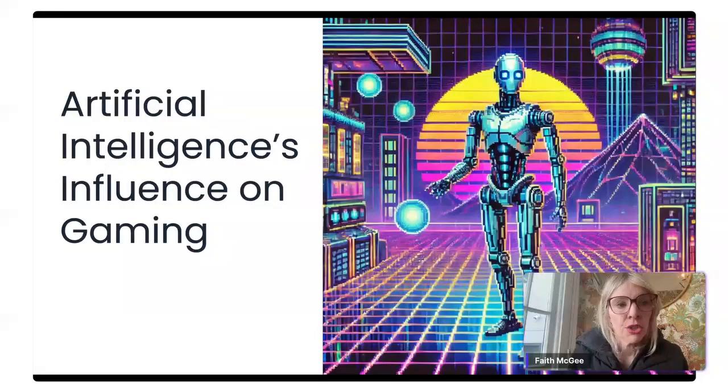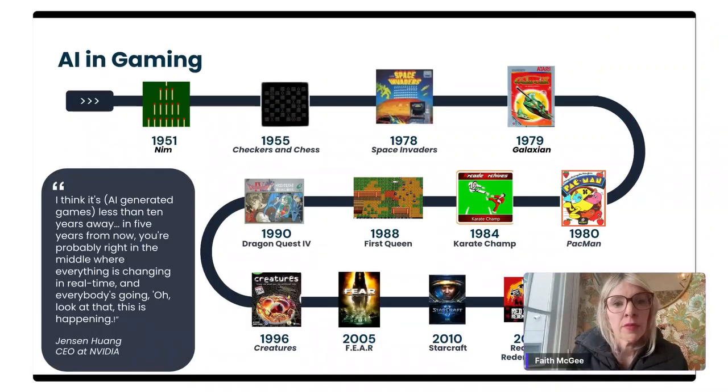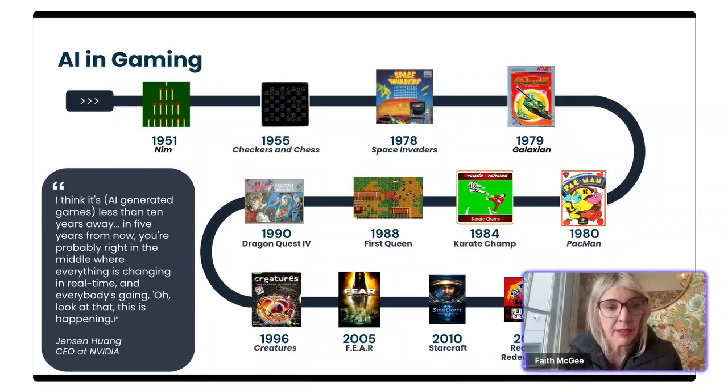Okay, so we know that AI has had a big influence on gaming, and it's been this way for a long time. You probably recognize some of these games. It started off with Nim in the 1950s, which is kind of crazy to think about.